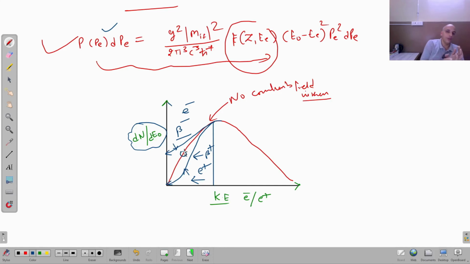So what is the meaning of it? The meaning is when the energy of the emitted particle is low, the Coulomb field is playing a very important role. It is attracting electrons, so we are getting more electron states in the low energy range.